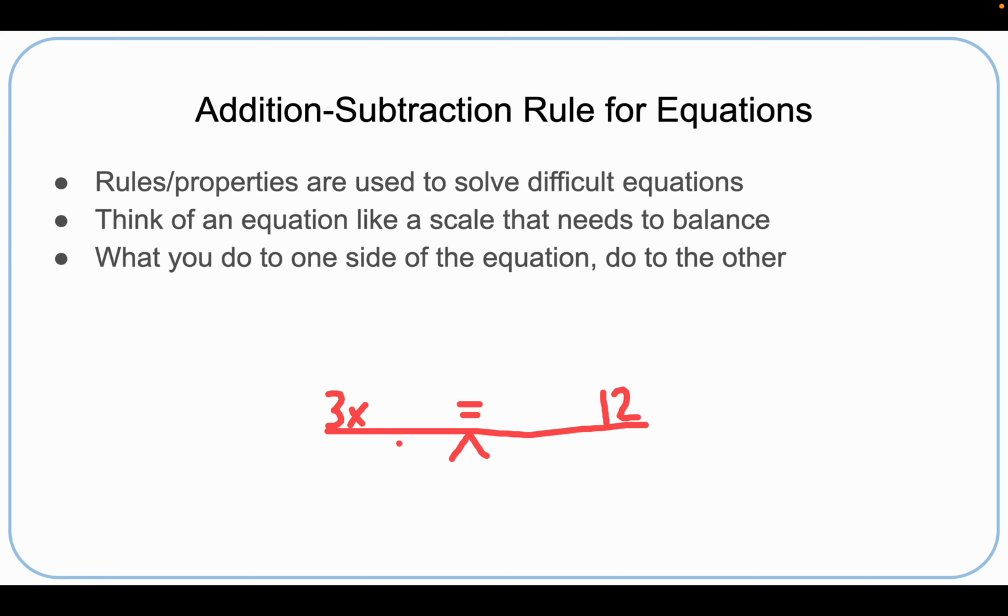It's balanced. And so if we wanted to change this equation at all, make it look different, we would need to do the same thing. So let's say we wanted to add 1. If you add 1 to one side of the scale, that's going to tip it, but I want to keep my equation balanced, so I'm going to have to add 1 to this side of my scale as well, just to keep that equation equal.